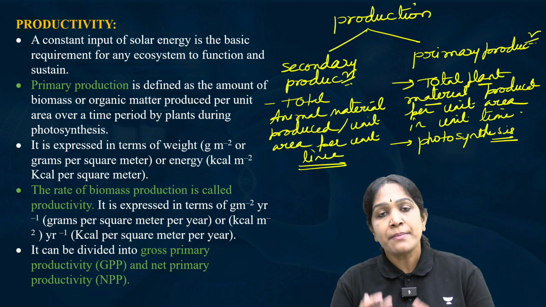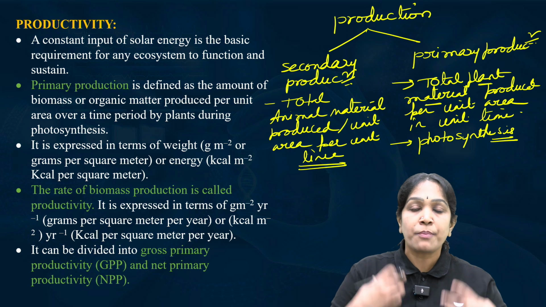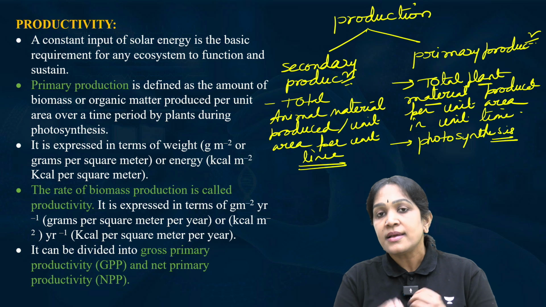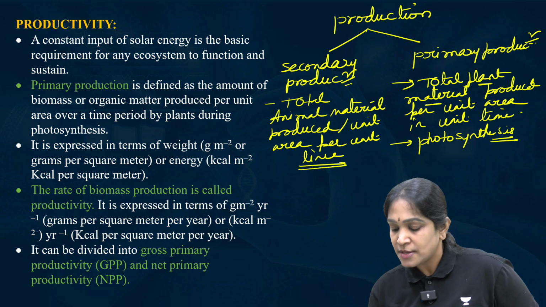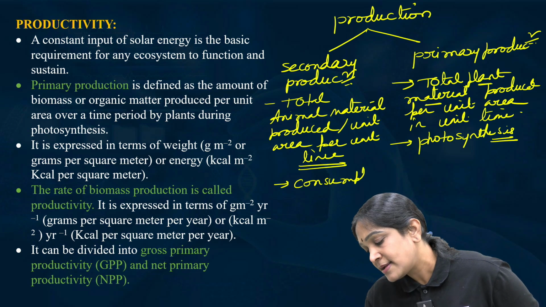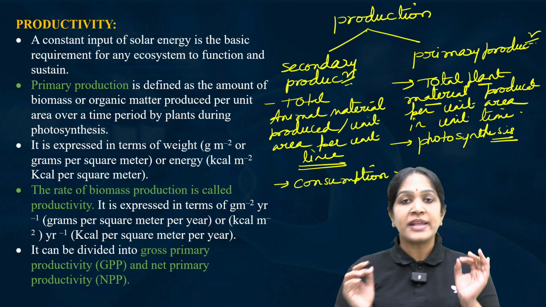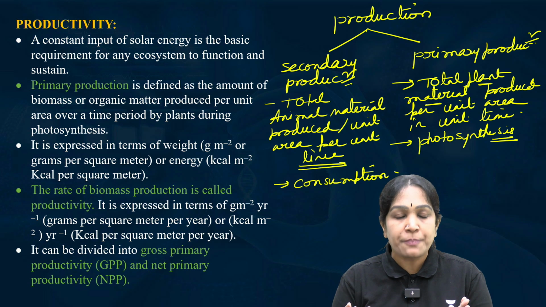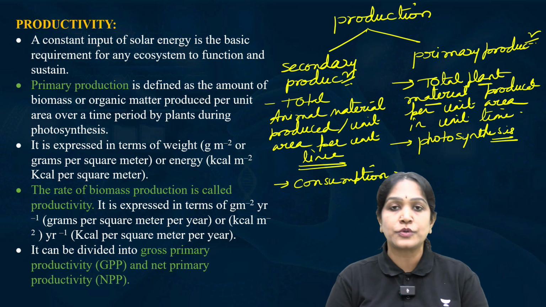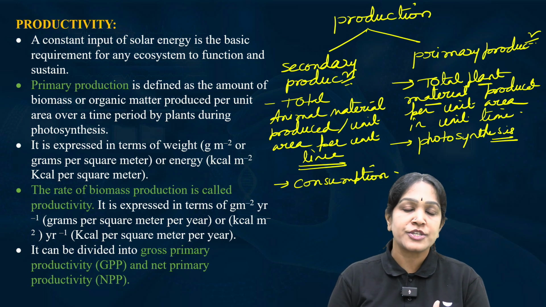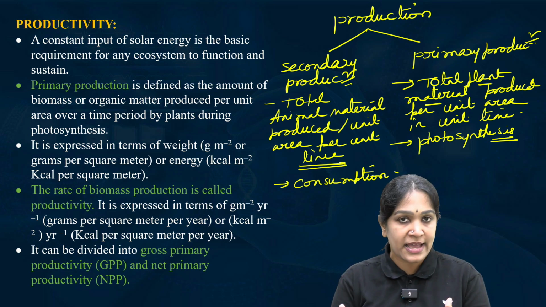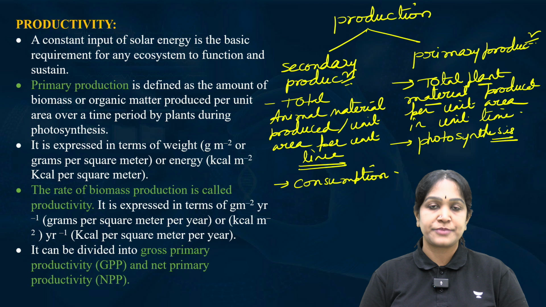Then how is the animal material produced? How our body is built, our muscles, bones, all these are formed by consumption, not photosynthesis. So the secondary production happens by the process called consumption. So primary production is the total plant material produced per unit time in unit area by photosynthesis, and secondary production is the total animal material produced per unit time in unit area by consumption.